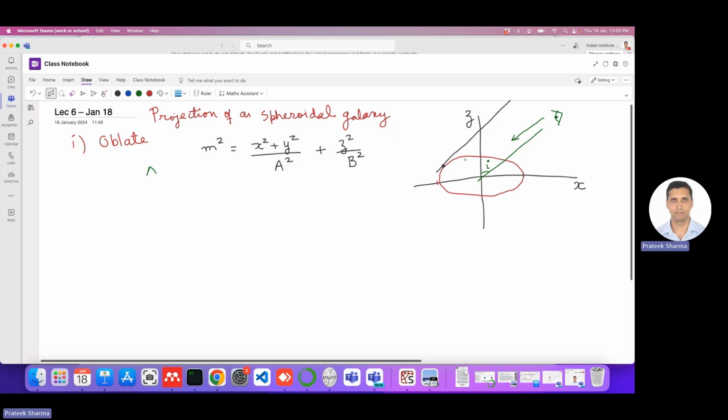Now we are at this angle, and we want to know the size of the apparent minor axis. The major axis will remain the same, because the longest side will still remain the major axis, but the short side will depend on the inclination angle, right? Because from edge on to face on, you can see it.